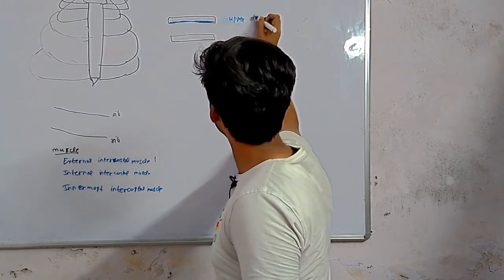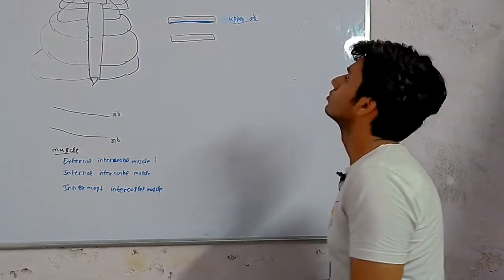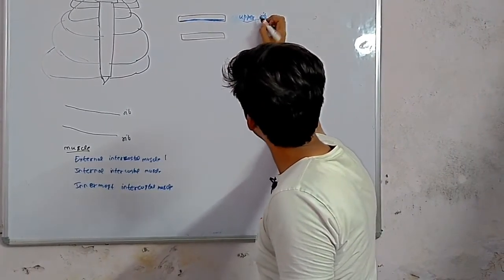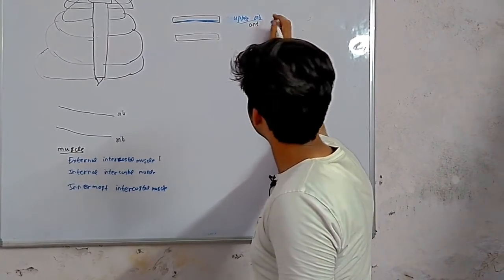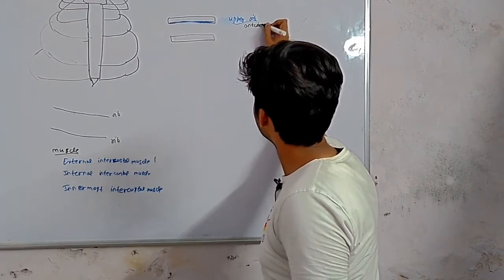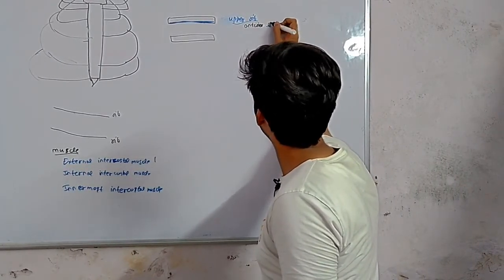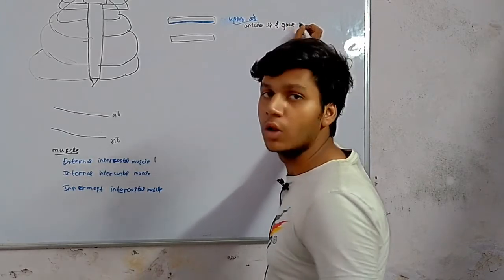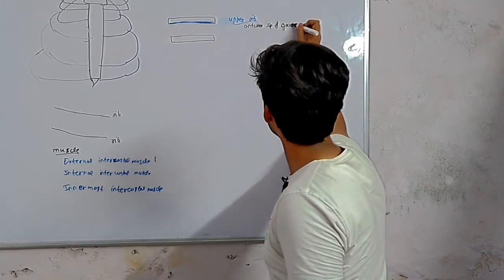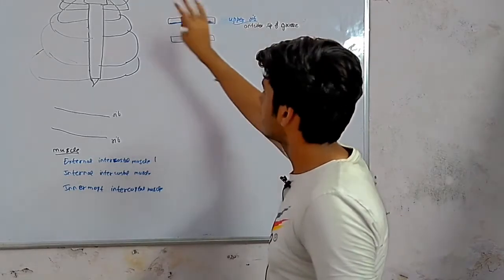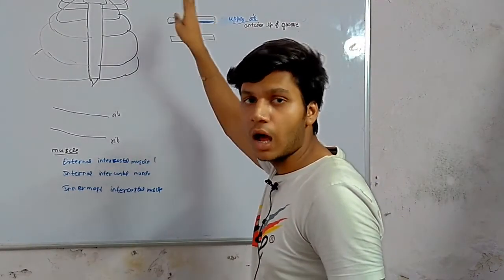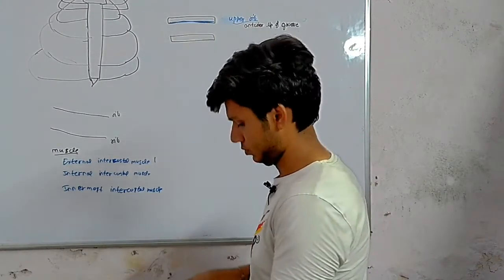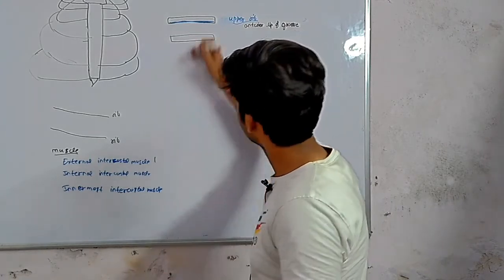Upper rib attachment outside, anterior border, anterior lip of the groove. The costal groove is present. We know costal groove is present in the inferior border. On the anterior lip of the costal groove, the external intercostal muscle arises and goes like this.